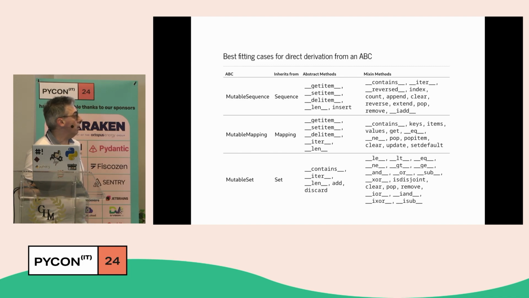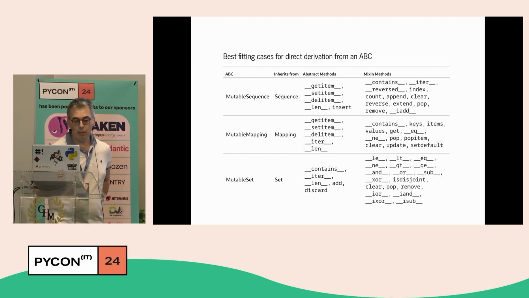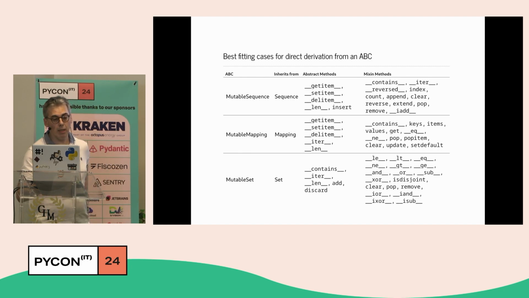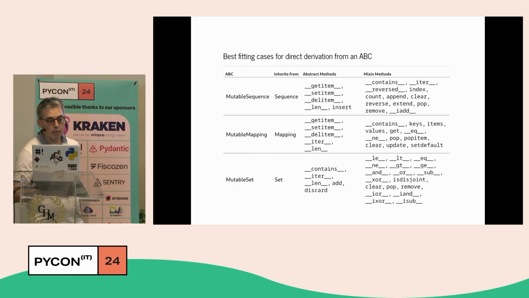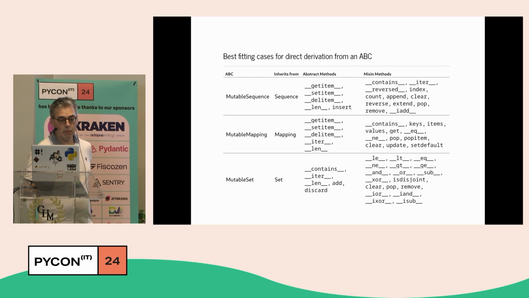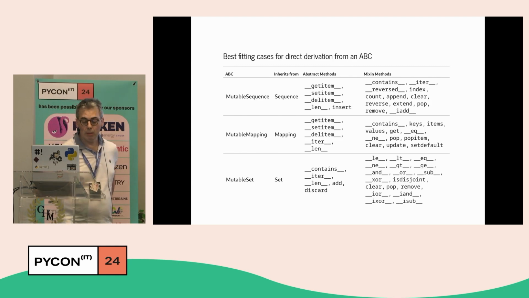In these cases, I think that abstract base classes are particularly useful because, as you can see, there are some abstract methods, and these methods are the only methods that you have to implement. The other methods, the mixin methods, you don't need to implement. So there is less code to implement.